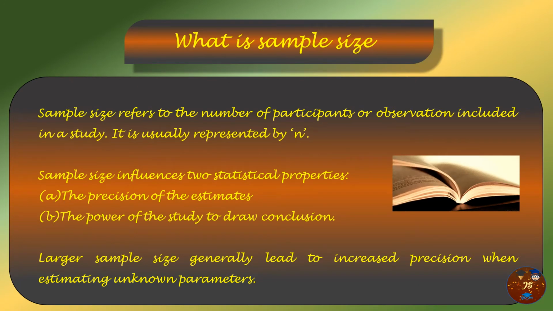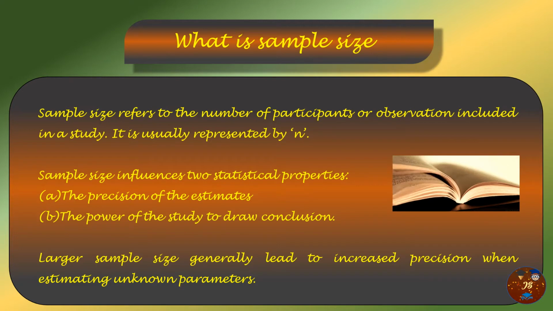Sample size refers to the number of participants or observations included in a study. It is usually represented by the small n of the English alphabet. Now, whenever a research worker is ready to do a survey or research, he or she first chooses a particular population.